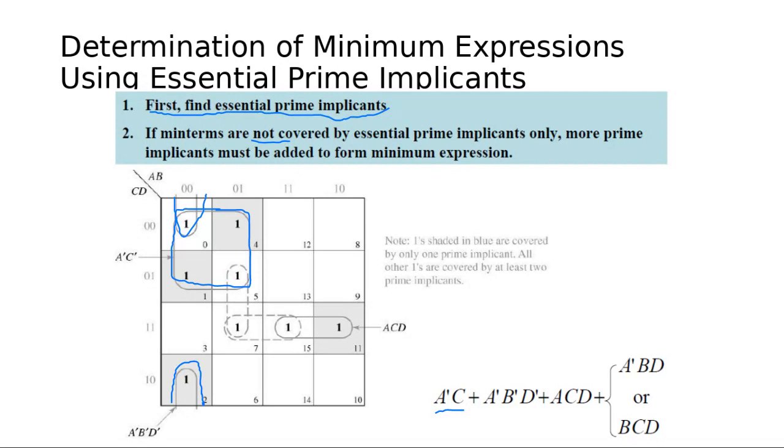It means not A, not B, not D, because D is not changing, A and B also do not change. And use this one. A is not changing, C and D are not changing. So you have one left, right? This one.